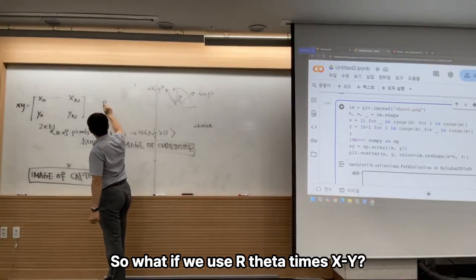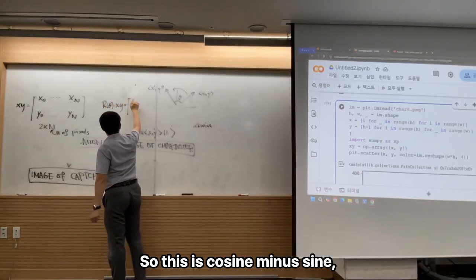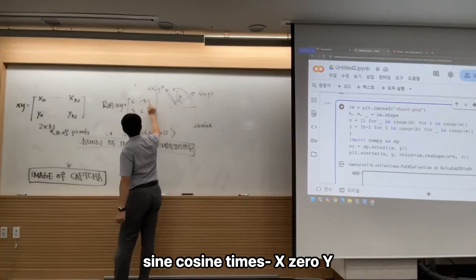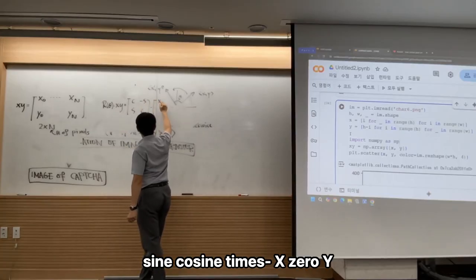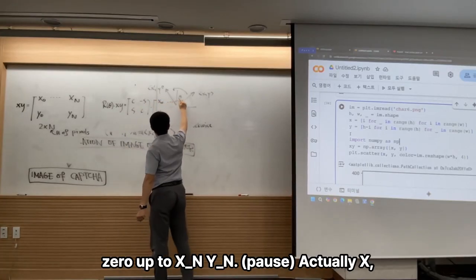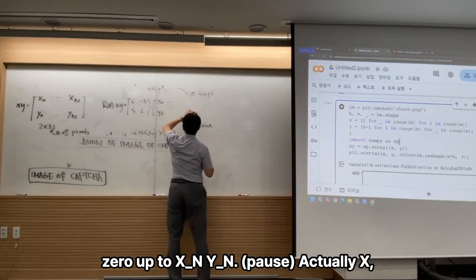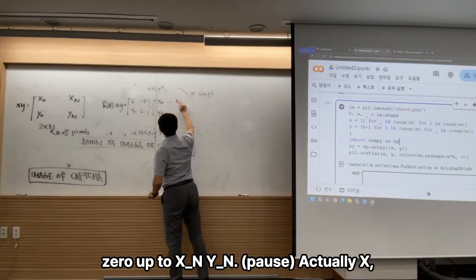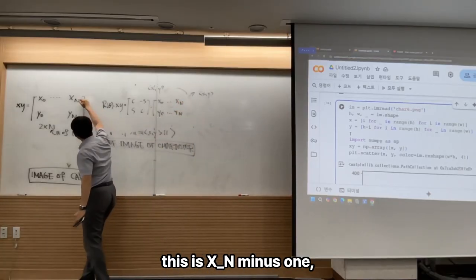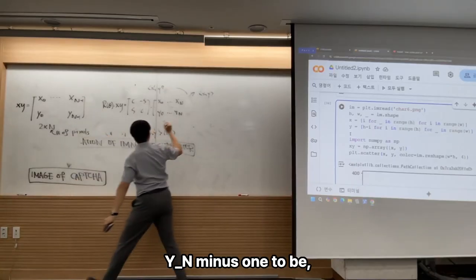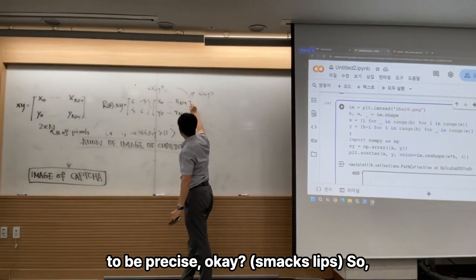It is R theta times xy. So this is cosine, minus sine, sine, cosine, times x0, y0 up to xn minus 1, yn minus 1, to be precise.